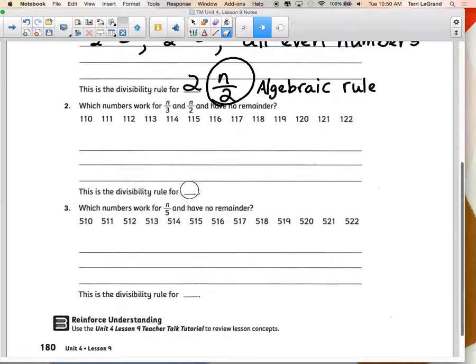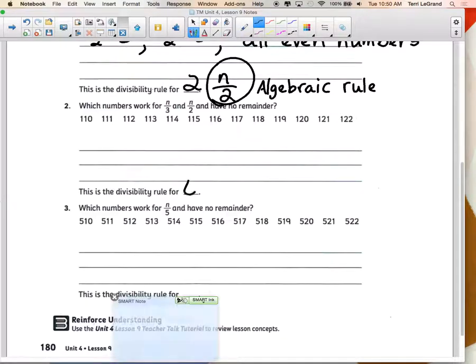Let's write that. So let's go refer to what are the rules. What's the divisibility rule for being able to divide by 6? The number is divisible by both 2 and 3.